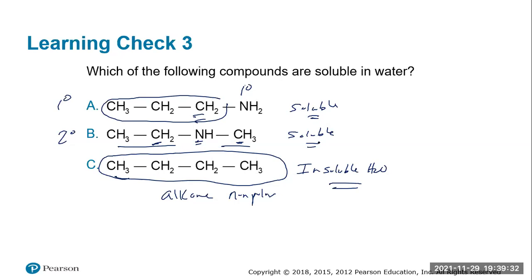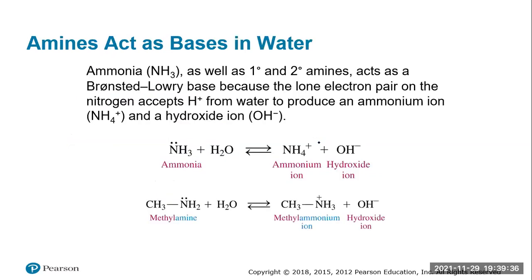All right, so amines, obviously, can do some hydrogen bonding. Primary and secondary amines can actually react as an acid and a base, so they can do that Bronsted-Lowry definition. Here's ammonia, which is going to accept the H plus.